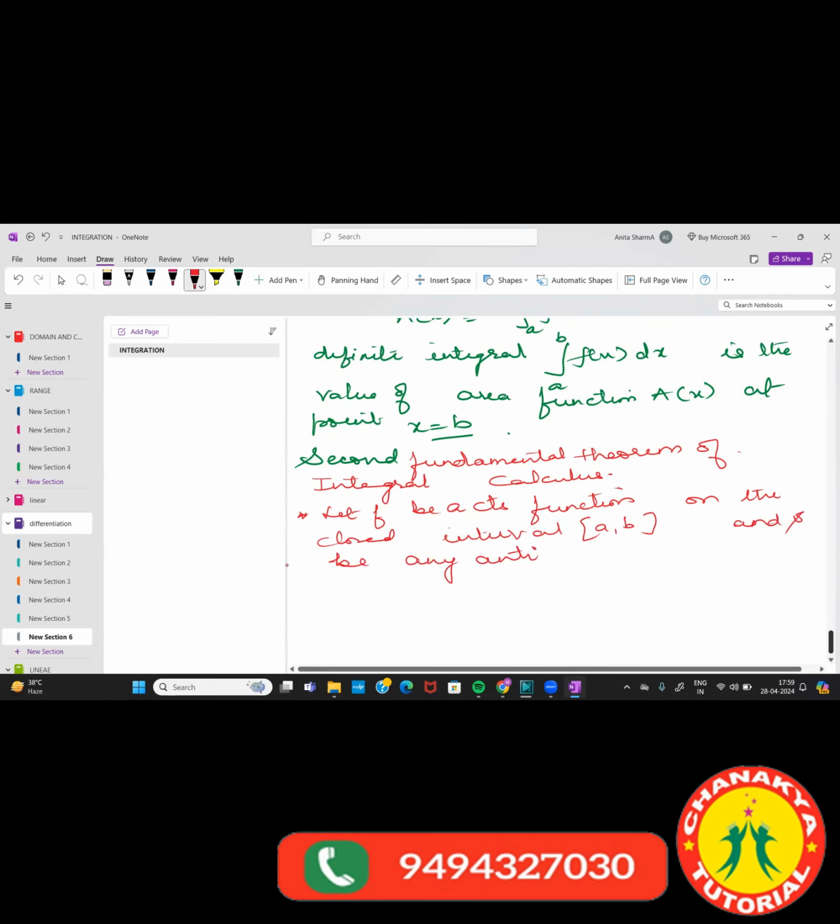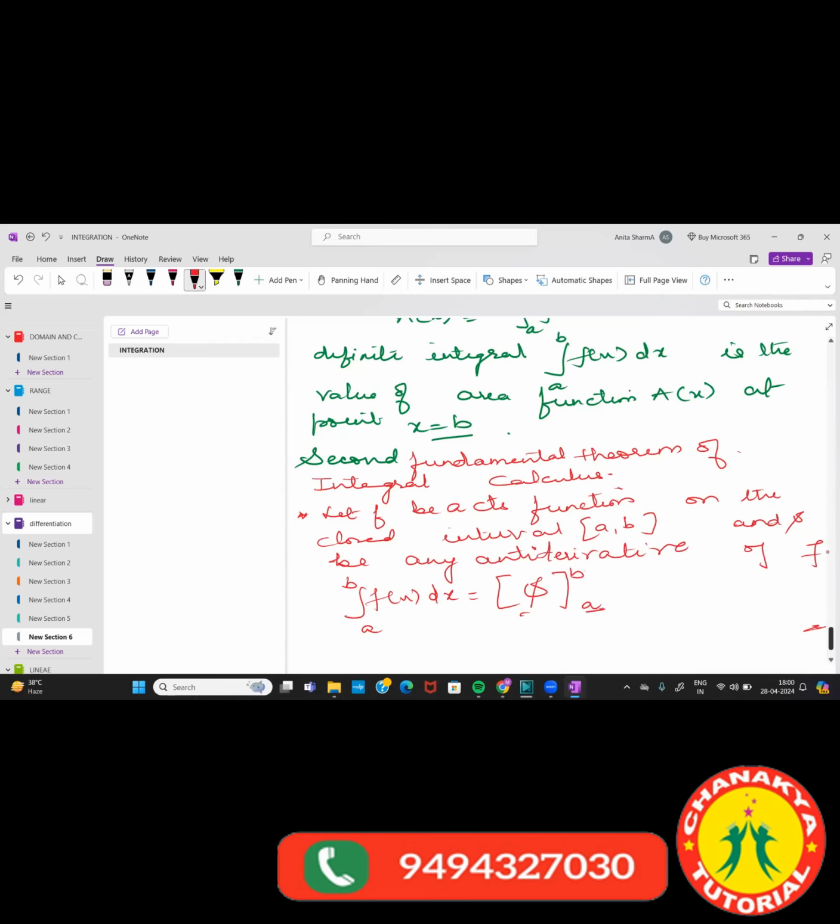Antiderivative means integrate, the value which comes after integration. Then the integral from a to b of f(x) dx, suppose the value comes after integration phi, is phi(b) minus phi(a).